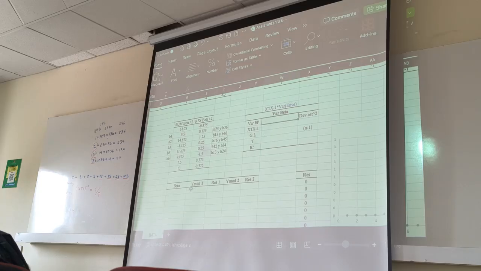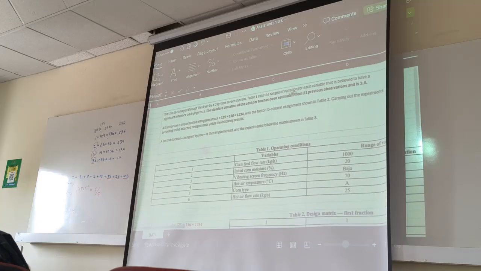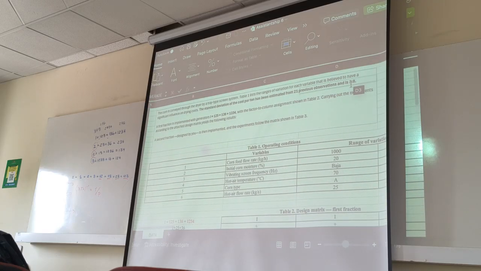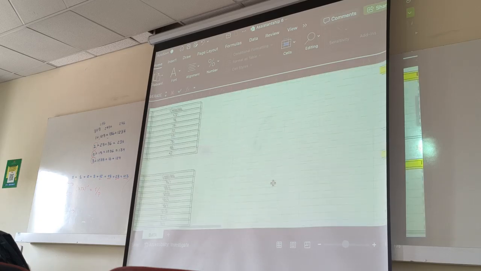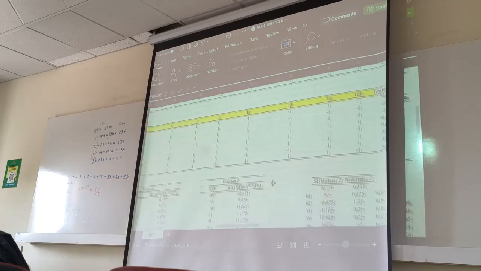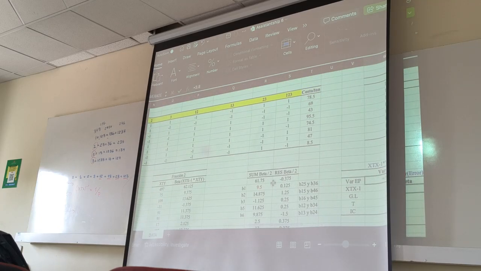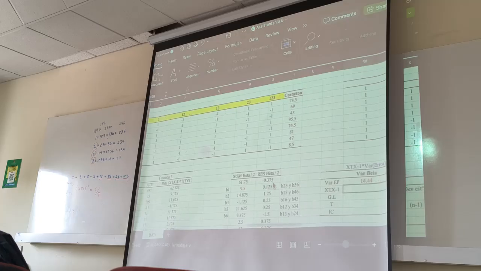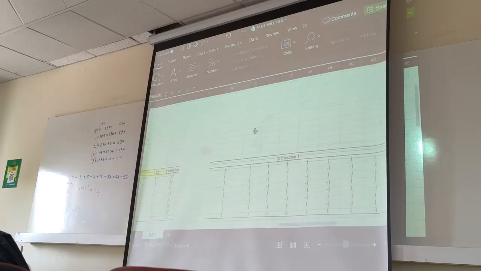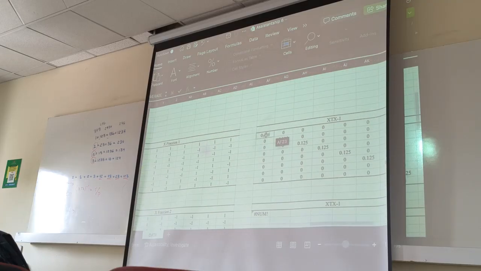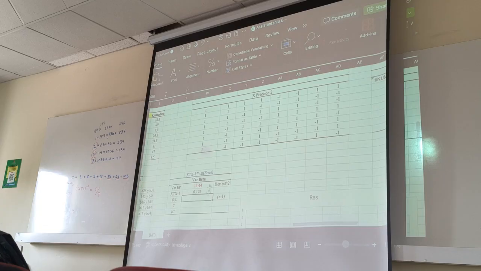As we saw here, we have 3.8 standard deviation. So the variance will be 3.8 squared. The degree of freedom will be 21 less 1.